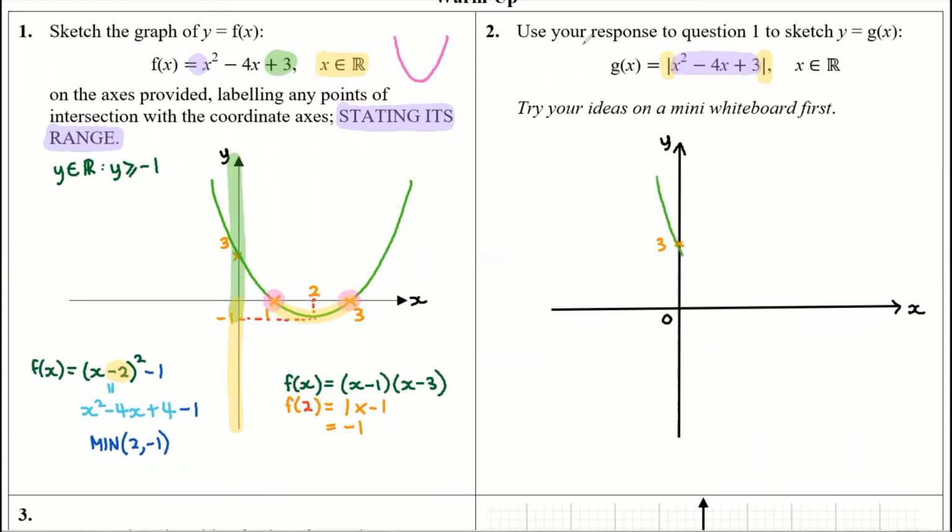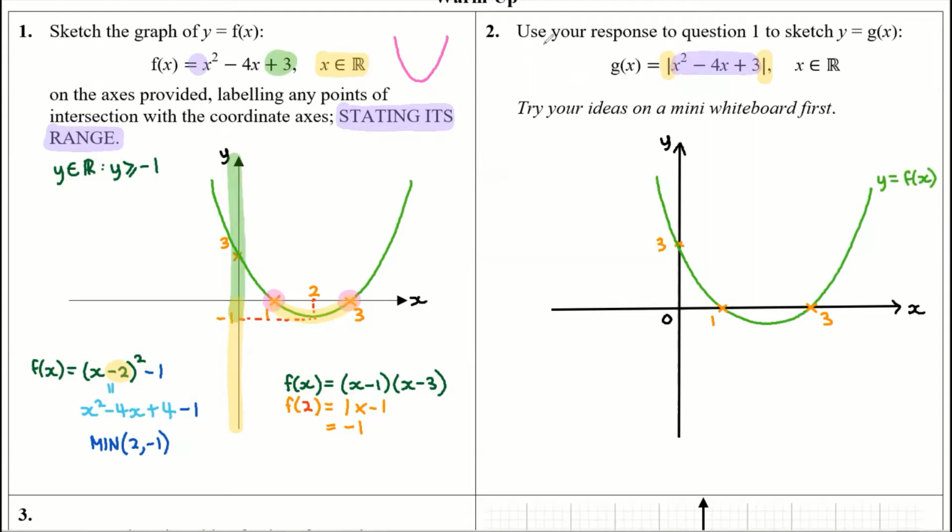So it's going to go down here like this and up like that. We had the points 1 and 3 as our x-intercepts. Now, this is obviously the graph of y equals f of x.